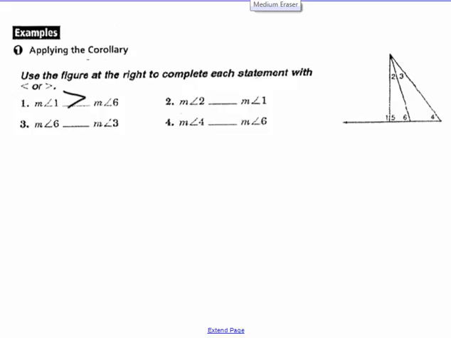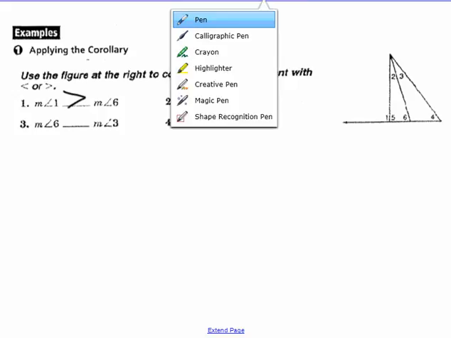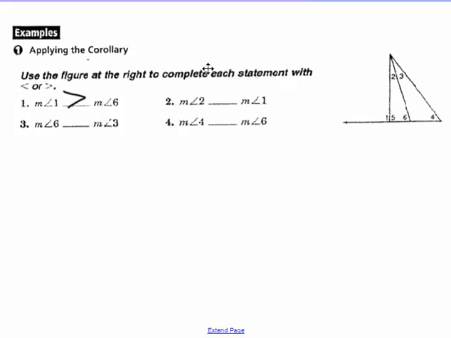And look at the next one. We've got angle 2 and angle 1. Oh gosh, it looks like angle 2 is less than angle 1. All right.